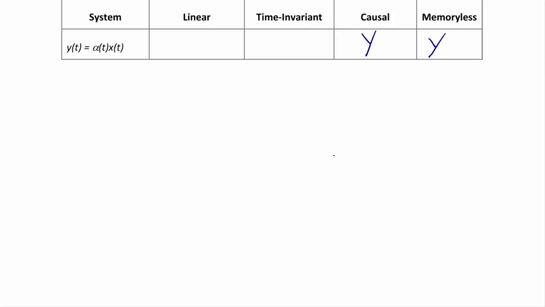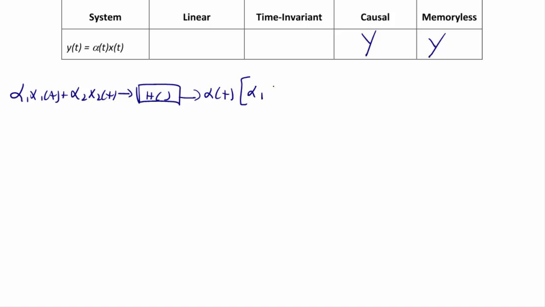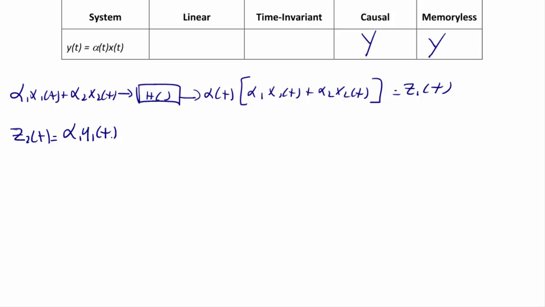And now let's use the signal flow graph in order to determine if this system is linear. If my input is alpha 1, x1 of t, plus alpha 2, x2 of t, and I send it through my function, what the function does is multiplies the input by alpha of t. So I have alpha of t times the quantity alpha 1, x1 of t, plus alpha 2, x2 of t, and this equals z1 of t. z2 of t is equal to alpha 1, y1 of t, plus alpha 2, y2 of t.